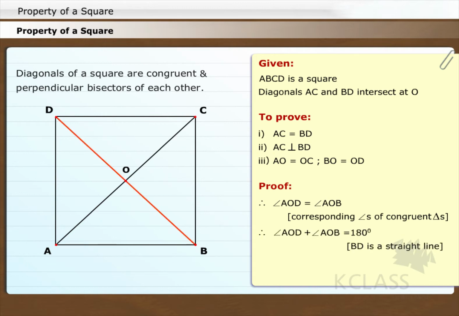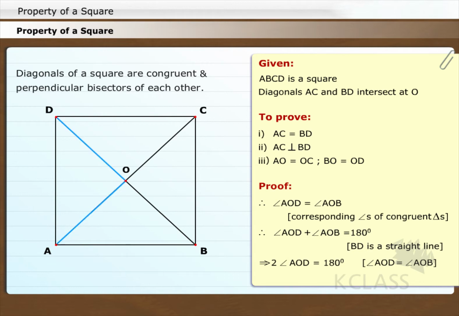Since BD is a straight line, sum of angles AOD and BOA is equal to 180 degree. Since the angles AOD and AOB are equal, twice the angle AOD is equal to 180 degree.